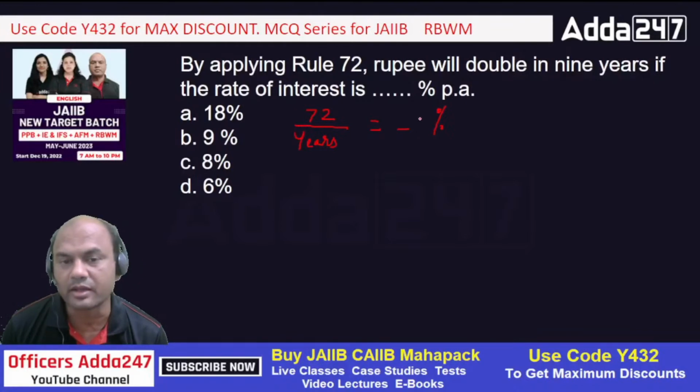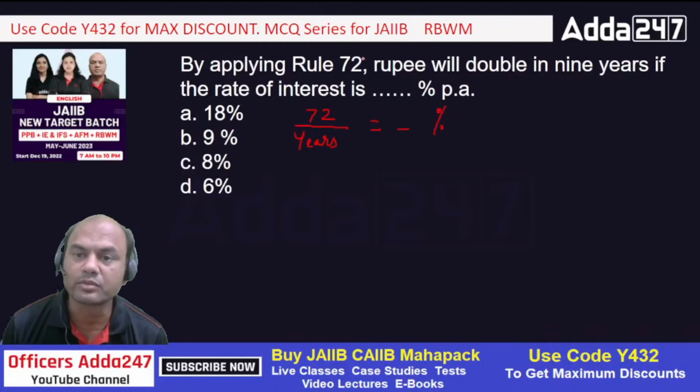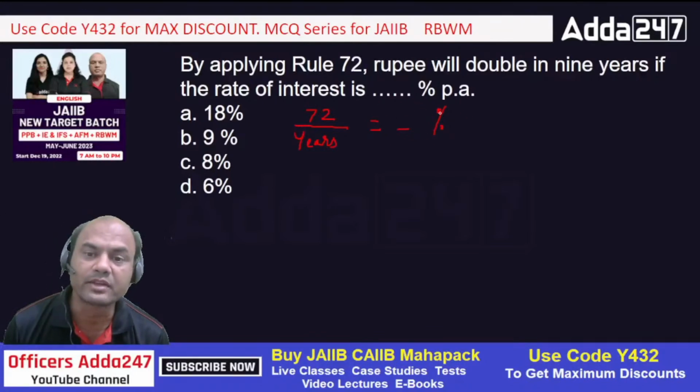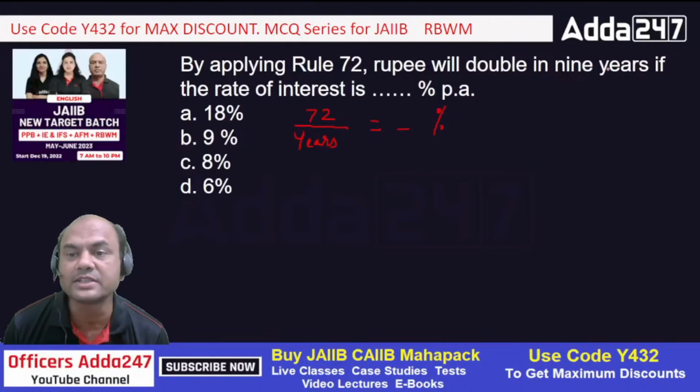I'll repeat it again. If you divide 72 by the number of years given in the problem, the answer you get will be the percentage rate applying which the amount will get doubled in that many years.